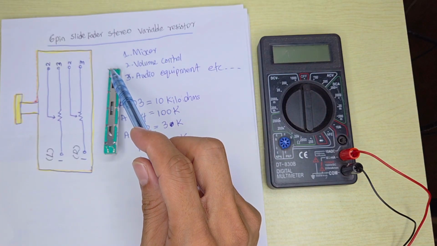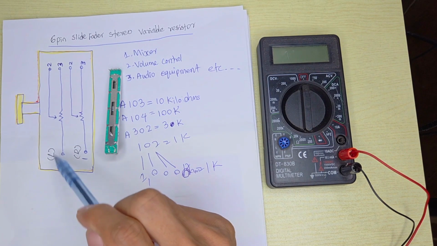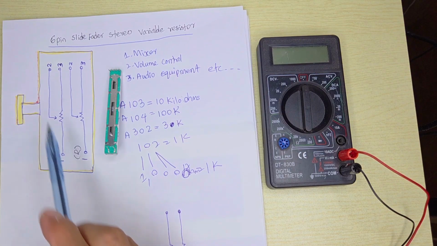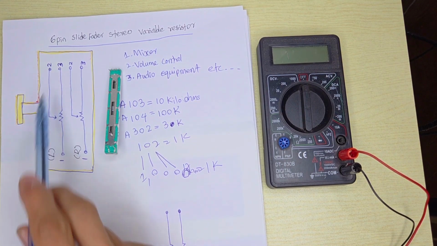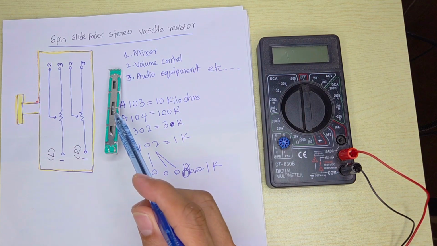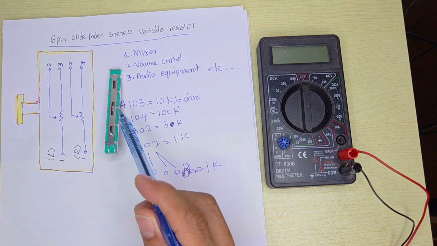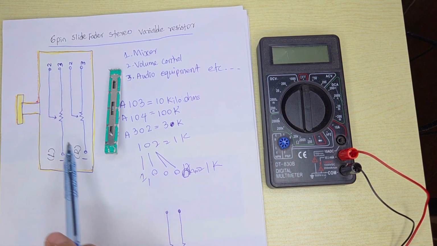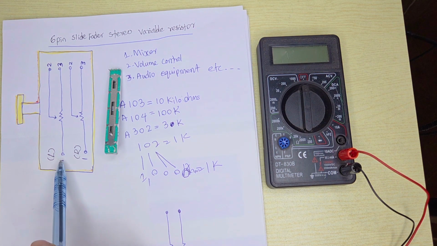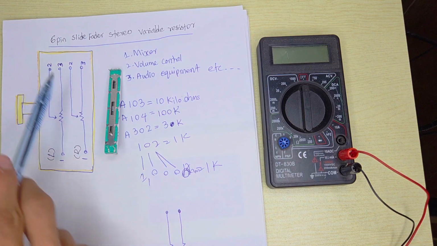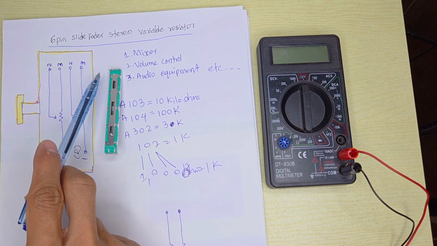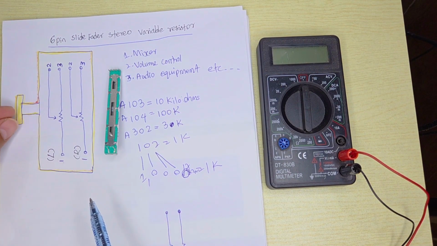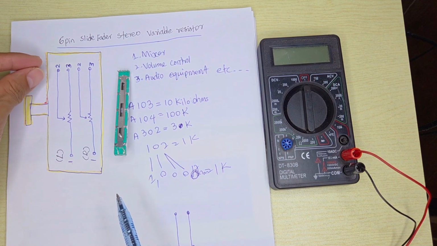And the pin number 3 is the ground. If we test pin number 1 to pin number 3, the value will not change. If your body is 103, 10k, it will stay at 10k. But if you measure pin number 1 to pin number 2, then once you push the slider, the value will change.